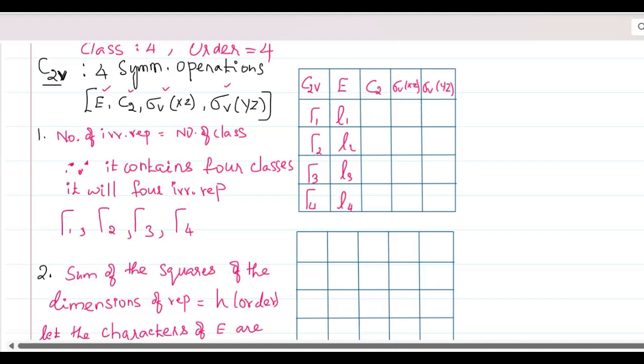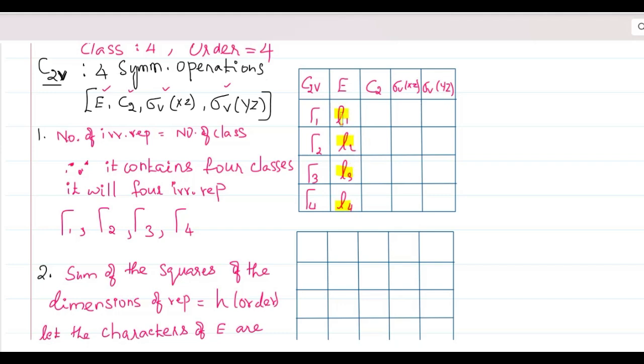Why is it said so? Because these are the dimensions of the representation. The characters of E, the identity, will be said to be the dimension of the representation.